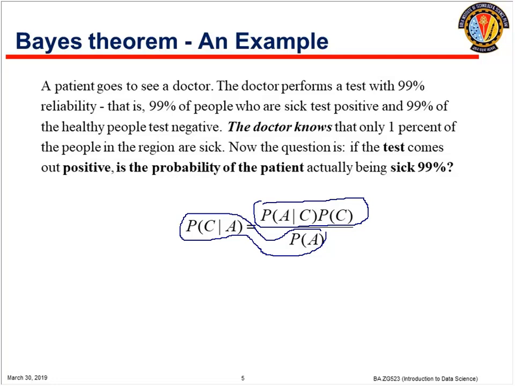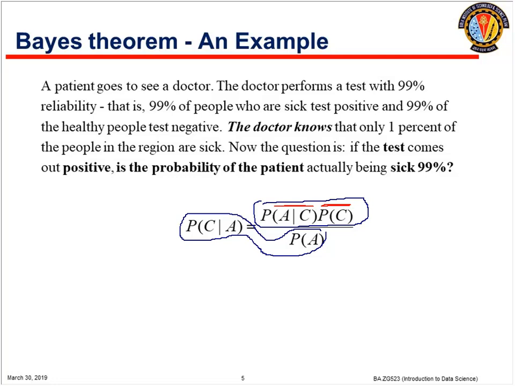Let's say first find the probability of C, and then given that C has occurred, what is the probability of A? That is P(A given C). If you multiply these two, you get the probability of A and C.